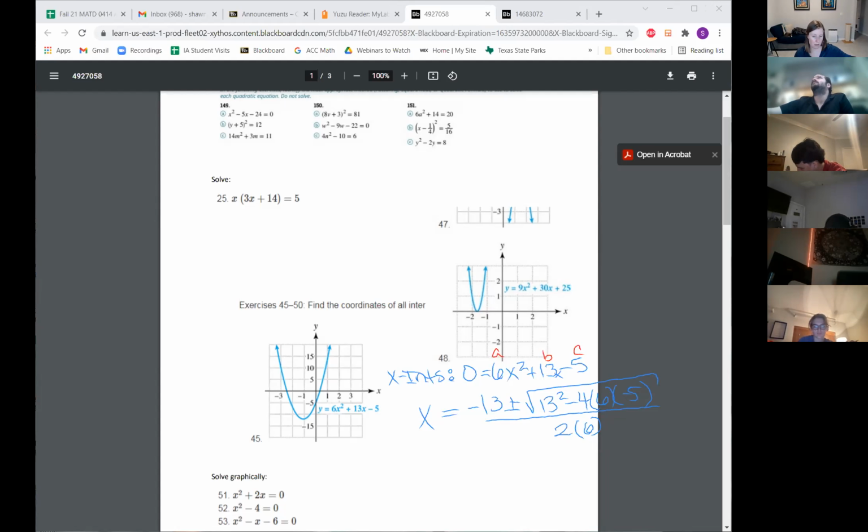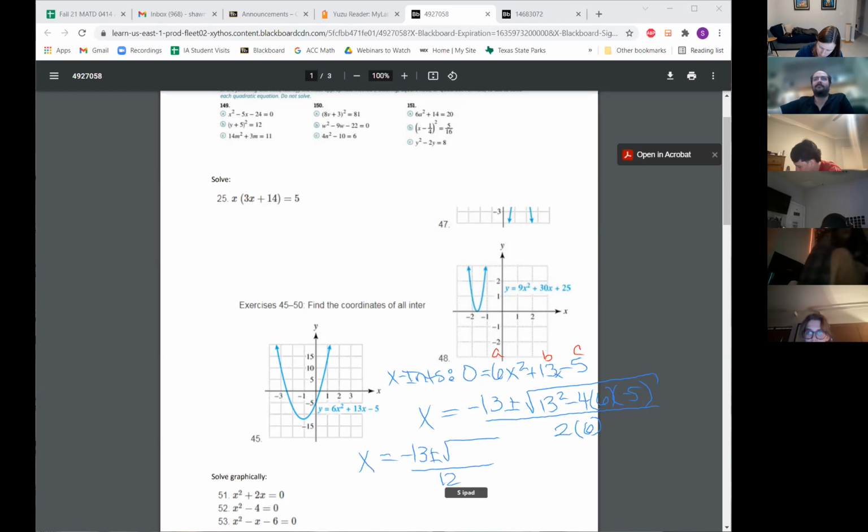All right, use your calculator and let me know what you get under the square root. 13 squared minus 4 times 6 times negative 5. Let me know what you get. So 13 squared would be 169. Then what's the other one going to be?